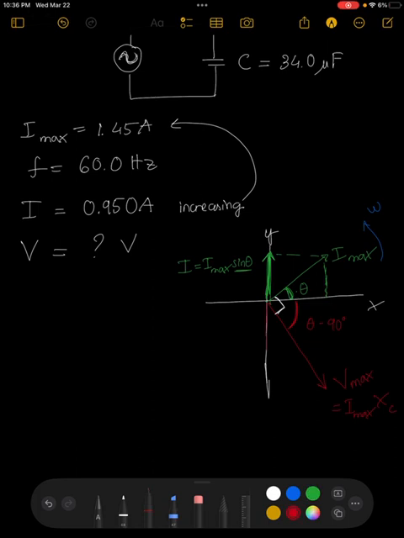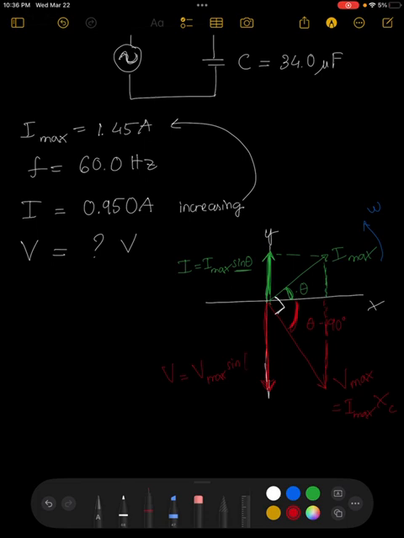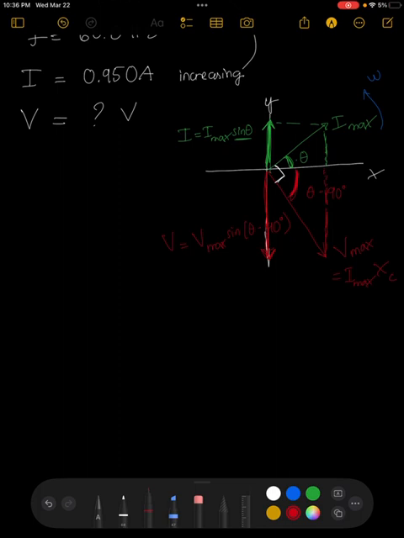Okay, and our instantaneous V would be Vmax sine of the angle, because it's opposite with the angle, sine of theta minus 90 degrees. Okay, so we have that graph right here.